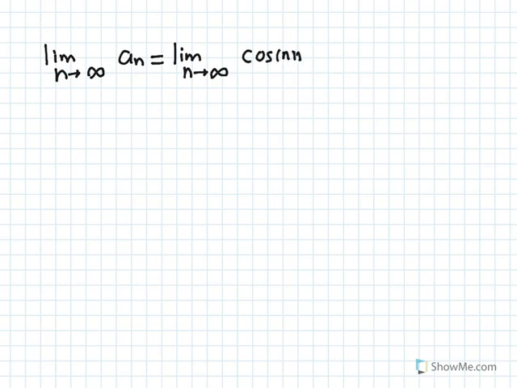So therefore, the limit as n goes to infinity of an, which is equal to the limit as n goes to infinity of cosine n pi times n divided by 2n plus 1, does not exist.